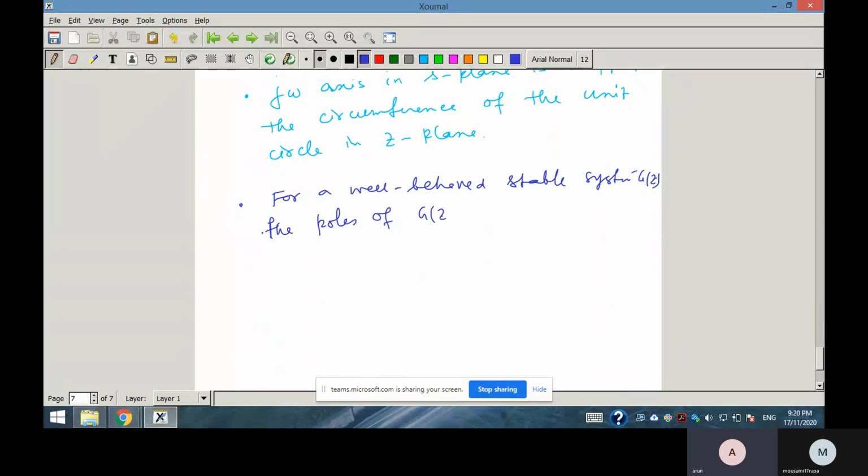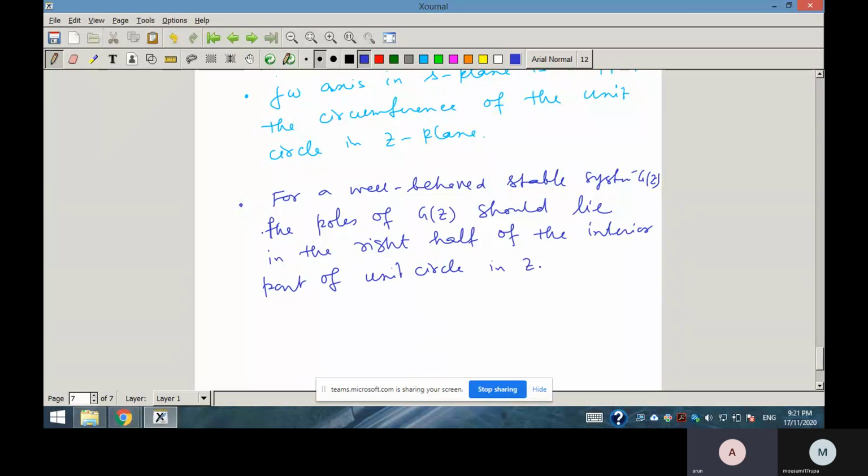The poles of Gz should lie in the right half of the interior part of the unit circle in the Z plane.